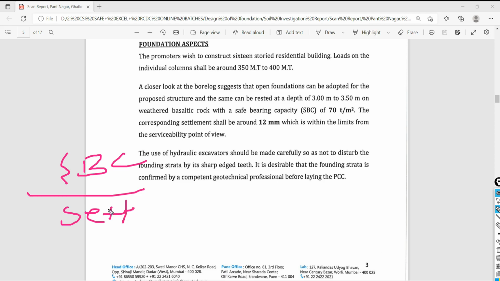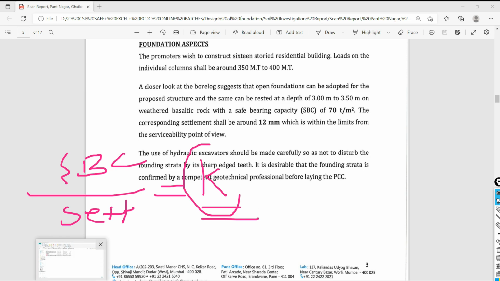In some reports the engineer will already give this value as k. If it is available, then good. If it is not available, you can calculate it. You just need to have the SBC and the settlement. Both things are available in your report. I hope it's all clear.